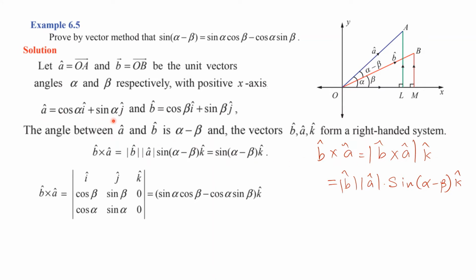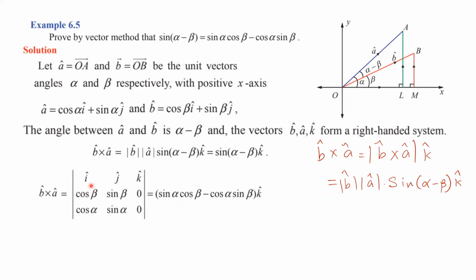Next, from this A cap and this B cap, we can say that B cap into A cap is the determinant of this matrix here, which would be from the coefficients of i cap and j cap, and from the vector B, the coefficients of i cap and j cap. Now our k cap coefficients will be 0 for both A cap and B cap. Okay, so further simplifying this determinant, you can get sine alpha into cos beta minus cos alpha into sine beta into k cap.